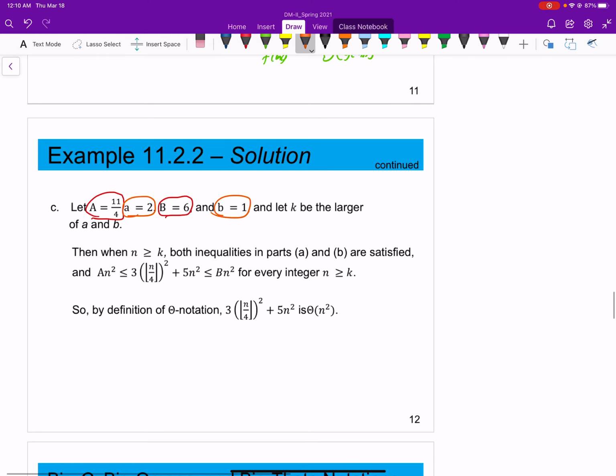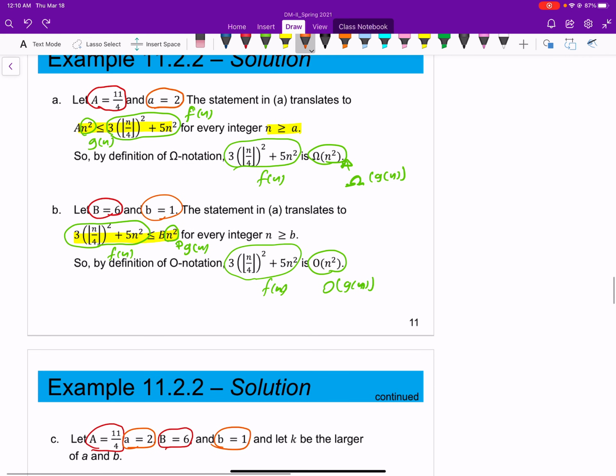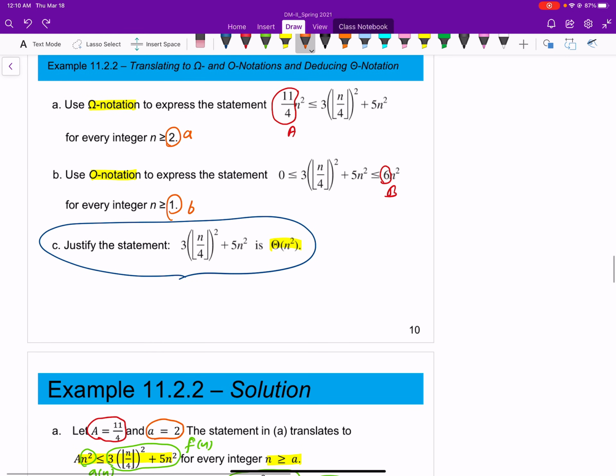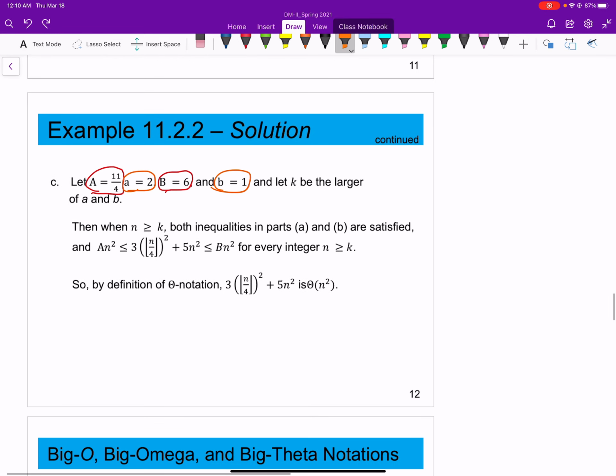All right, and then you have this n is greater than k. In the first case it was 2, in the second case it was 1. K can be either 2 or 1. So you could choose the biggest among them, that's 2.